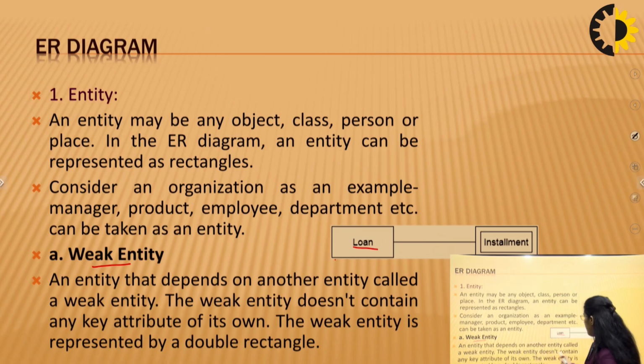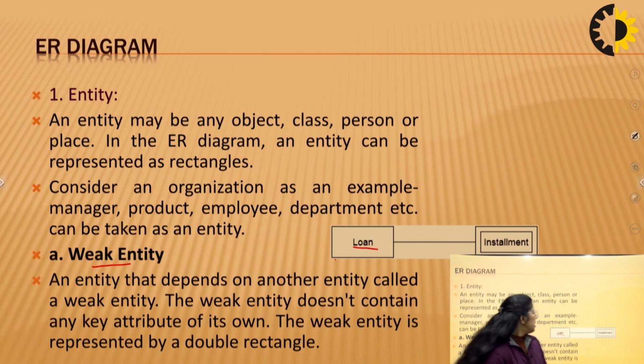The weak entity doesn't contain any key attribute. This basically means in a table of weak entities, we cannot find a particular row because we don't have any key attribute there. The weak entity is represented by a double rectangle.